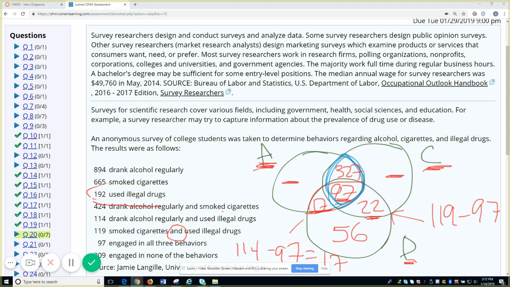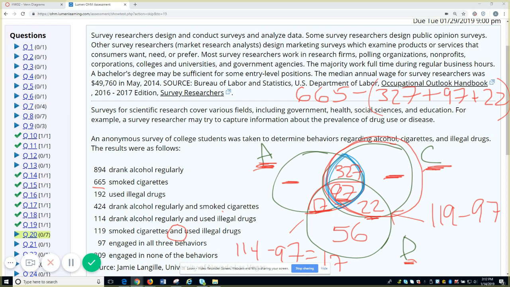All right. Same thing for the cigarettes. So there's 665 people who smoked cigarettes. So that's the total. So if I add these four regions, that would give me the total of 665. However, to know how many people just smoke cigarettes without doing anything else, I would need to subtract 327, 97, as well as 22.